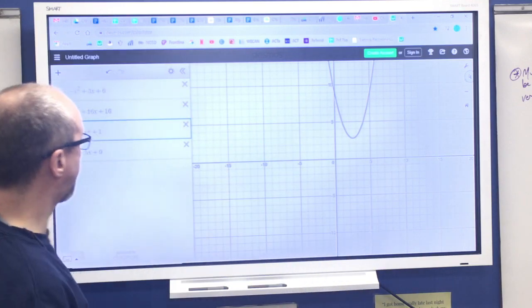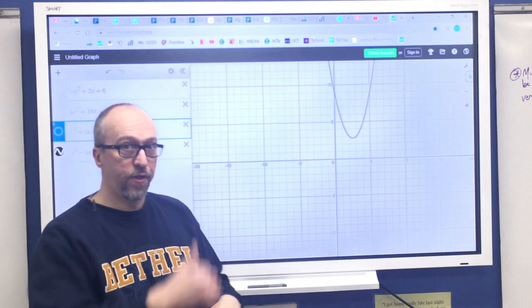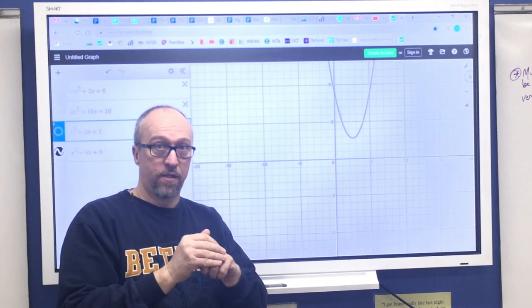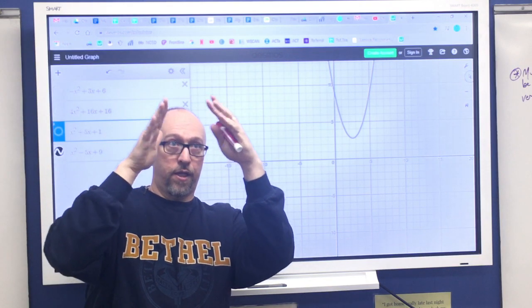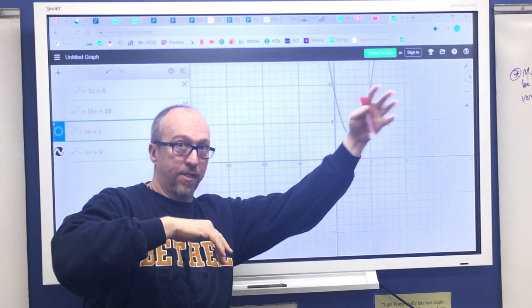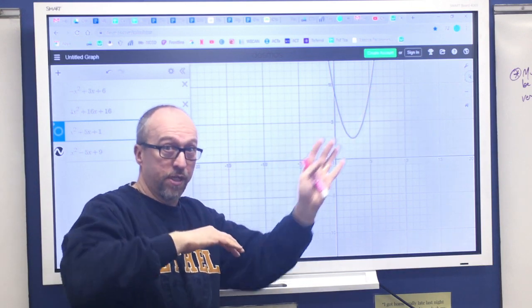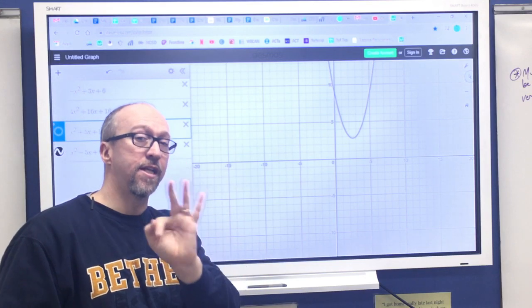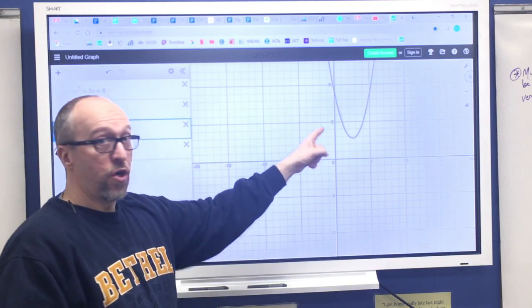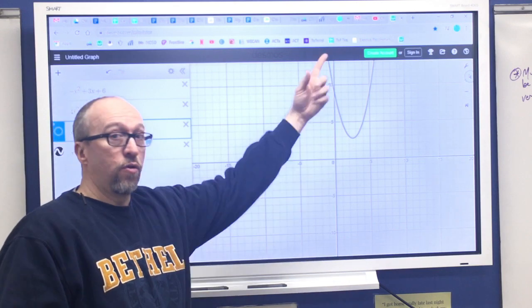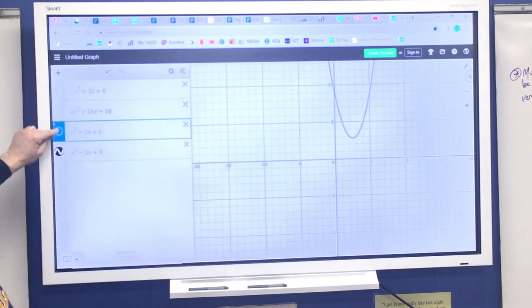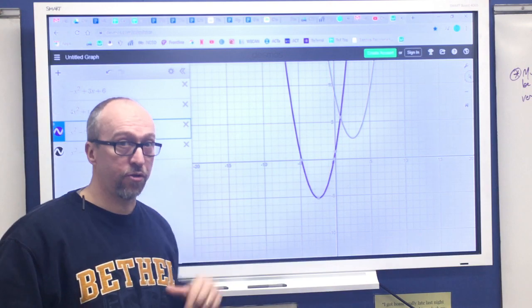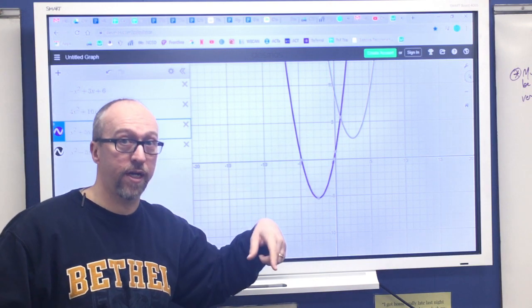Little kind of preview of the future. What's coming? When you're solving those quadratics, ax squared plus bx plus c equals 0, when you set it equal to 0, like I said in the last video, you're going to get one of 3 kinds of answers. You're going to get no solution, because the thing doesn't cross the x-axis. You're going to get 2 solutions, because it crosses the x-axis twice.